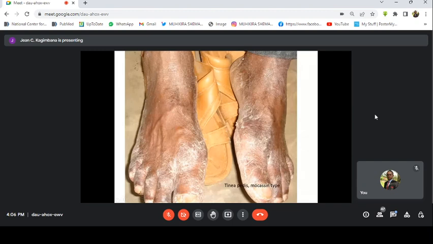This type of tinea pedis is the moccasin type. A moccasin is a type of shoe. Okay? Tinea pedis.